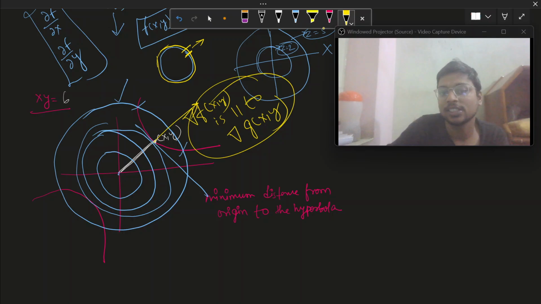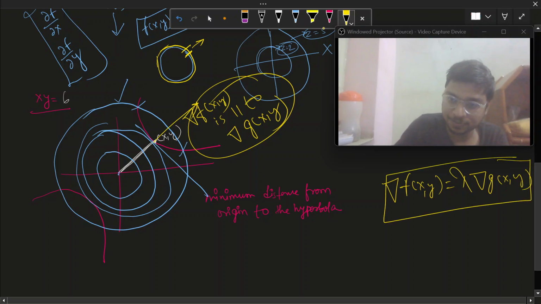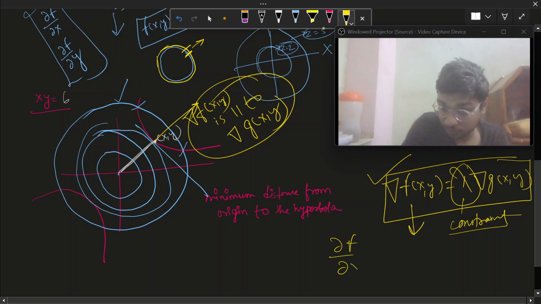So we write gradient of f(x, y) is equal to lambda times gradient of g(x, y), and here we have one more constraint.